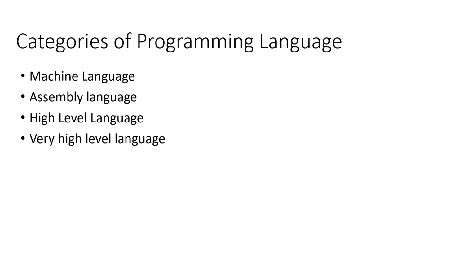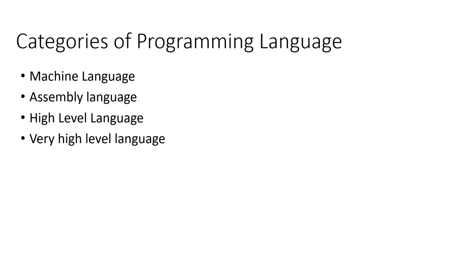Let me just review it before I go to what is in your scope of knowledge for now. Under the low level language, we have the machine language and the assembly language. So these two are under the low level language.